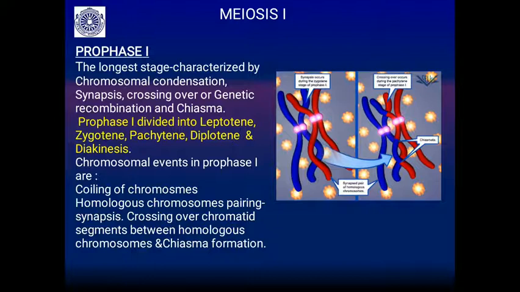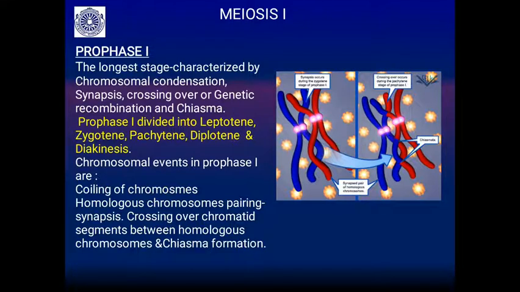Then followed with crossing over, or there is an exchange of genetic information that occurs between homologous pairs. Then there is the appearance of a chiasma. All these are the events you will be able to see in prophase first. That's why prophase first is divided into leptotene, zygotene, pachytene, diplotene and diakinesis stages.